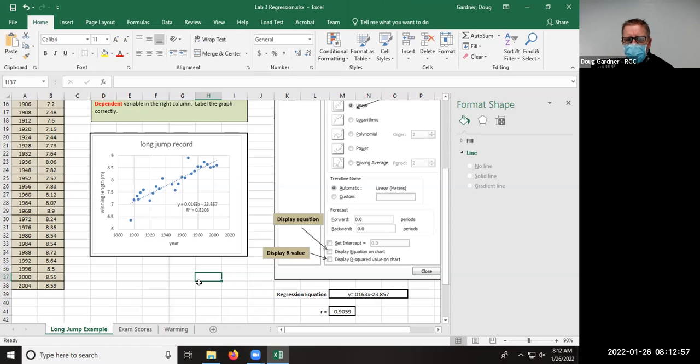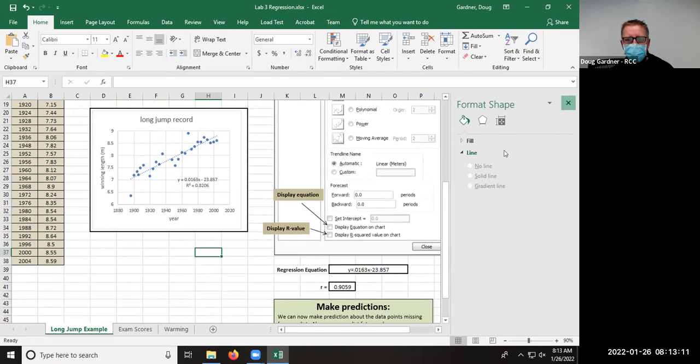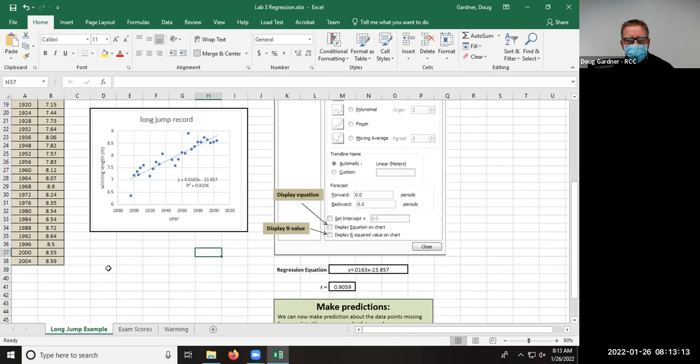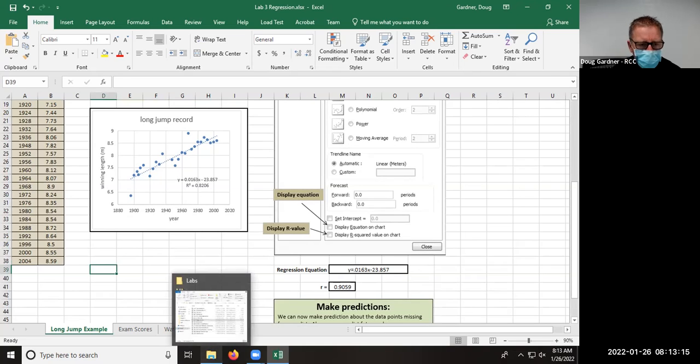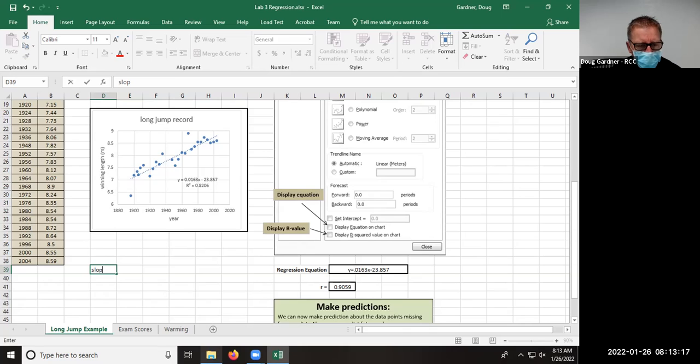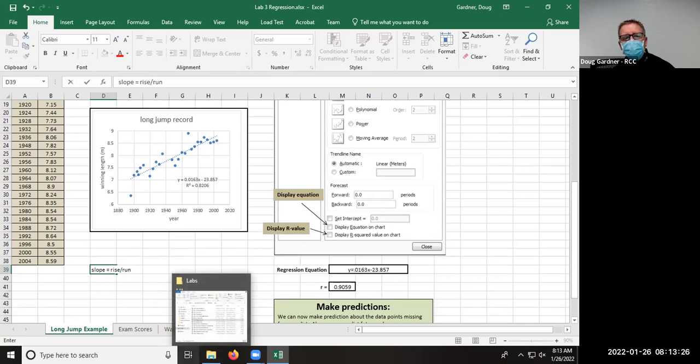So now that's pretty powerful. I want you to think for a second about what the slope means, because this is something I'm going to be asking about in the other two problems. So we said that slope, I'll type it right here since you can see it, was equal to the rise divided by the run, rise over the top of a run.